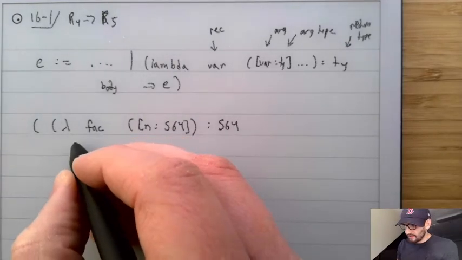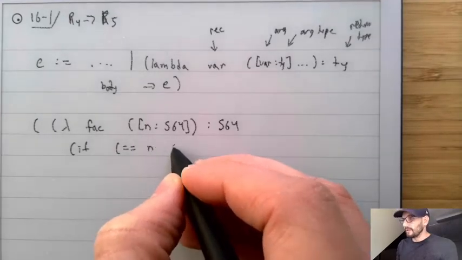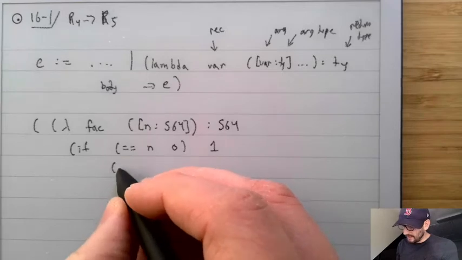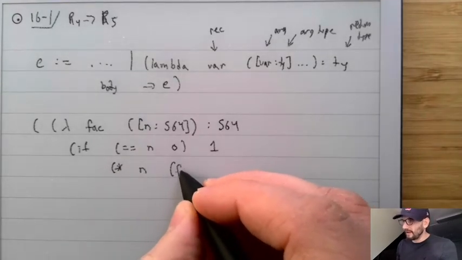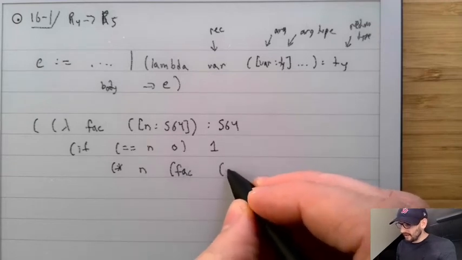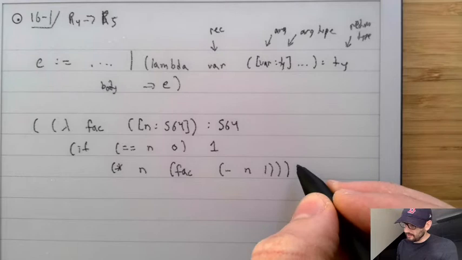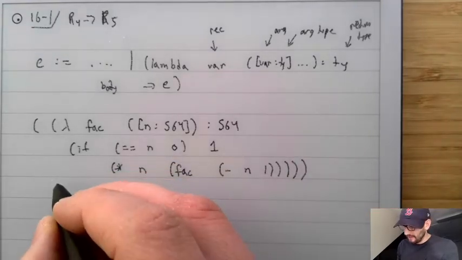The body says if n is equal to 0, then return 1, otherwise multiply n by factorial of n minus 1. Close the multiply, close the if, close the fac, and do 5.